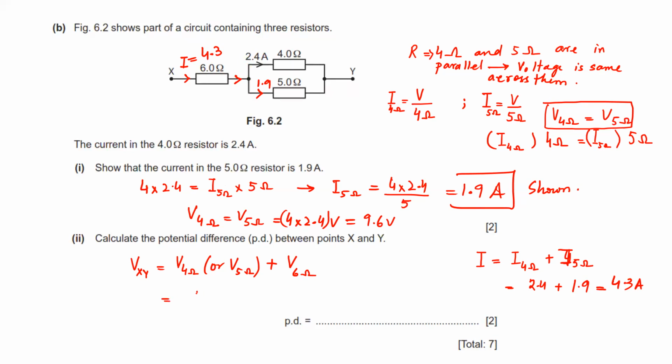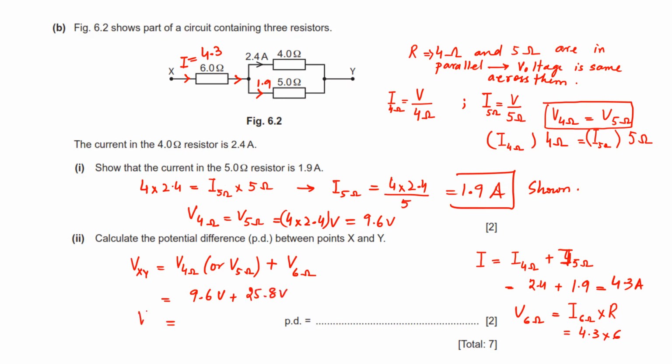The voltage across 4 ohm is 9.6 volts plus the voltage across 6 ohms. V across 6 ohms can be calculated as I across 6 ohm multiplied by R. So I across 6 ohm is 4.3 multiplied by 6, which comes out to be 25.8 volts.